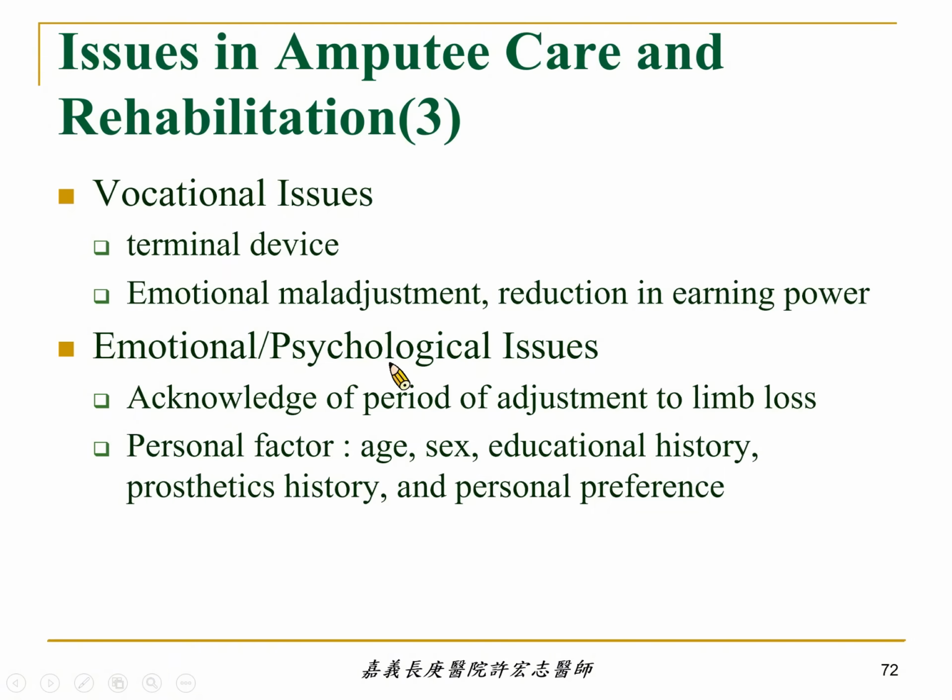As for emotional and psychological issues, it takes time for the patient or for children to acknowledge the limb loss. So it takes different amounts of time for patients to adjust. Sometimes personal factors like age, sex, education, prosthetic history, and personal preference will also influence emotional or psychological issues. For example, we have seen from the example videos that many of the children lost their left hand.